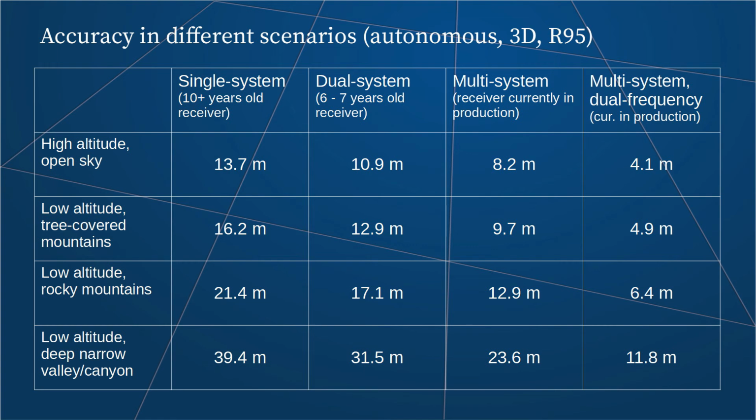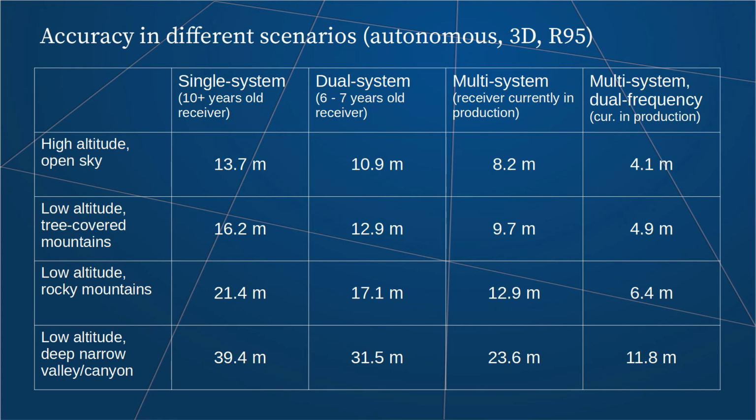The third situation is also at low altitude, close to the mountains, but this time the mountains are not covered with any vegetation. The rocky mountains are reflecting the signal, and in this situation the multipath effect will be significant and will contribute to the lower overall accuracy.